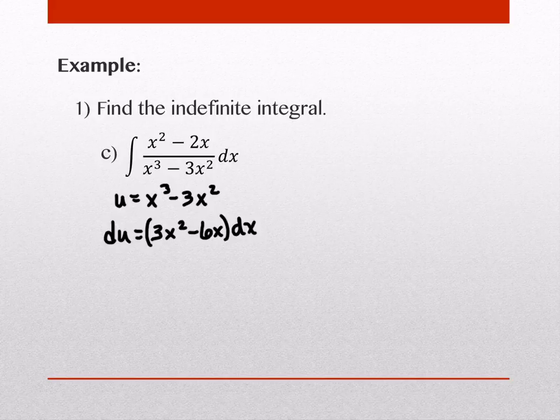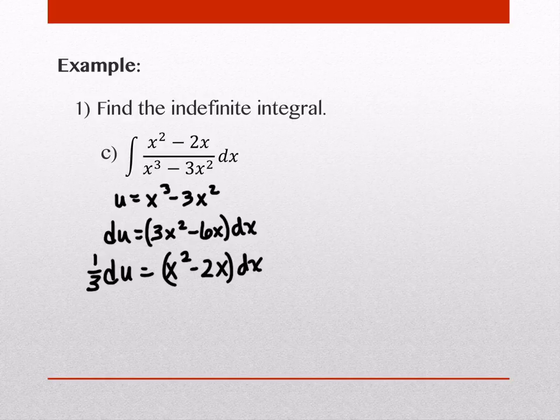If we divided it by 3, it would be right, wouldn't it? So we're going to divide by 3, or multiply by 1/3. So 1/3 du would in fact equal the x squared minus 2x dx, which is what we have right here. So all of that can now be replaced with 1/3 du.